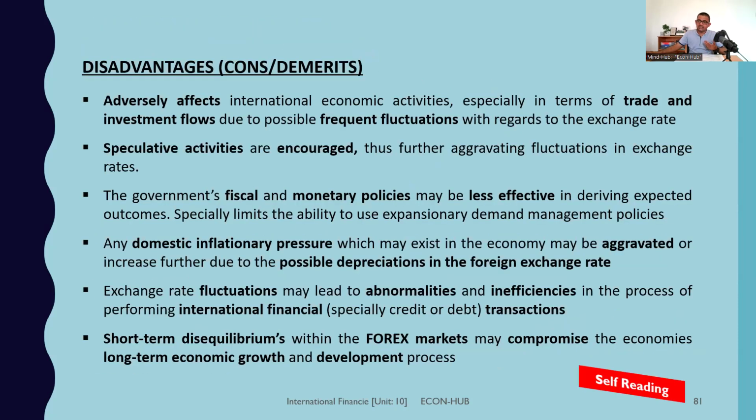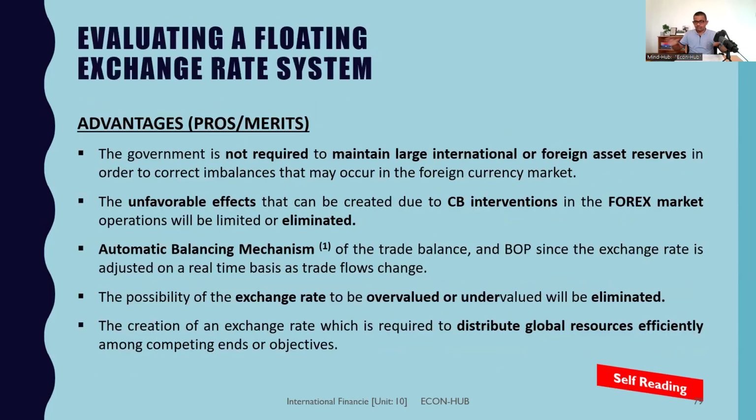Remember, the advantages and disadvantages of a floating system are in comparison to fixed, and vice versa. Now, listen carefully: if a country wants to have a fixed exchange rate system and maintain a certain par value for their currency and keep it at that level, what do they need? What is the biggest requirement, the prerequisite to have a fixed system?